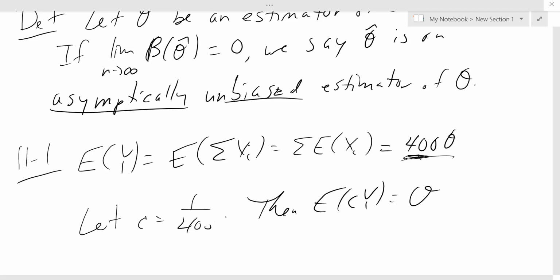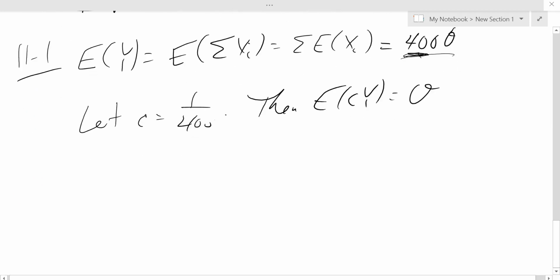All right. So let's see if we can do 11-4. Looking at 11-4, what kind of a distribution are we looking at?